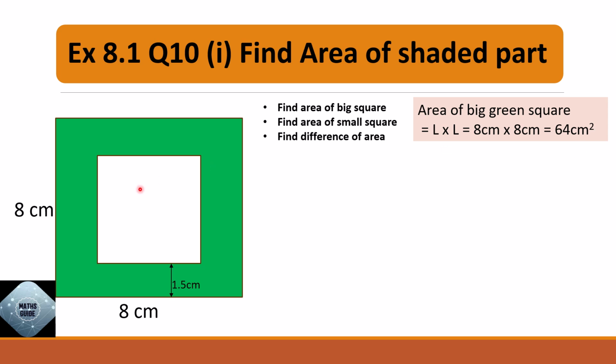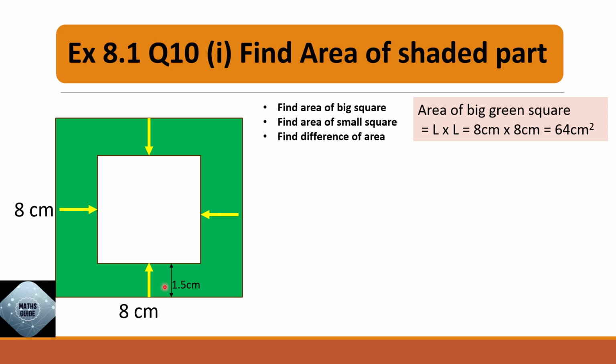Now let's find out the area of this white square. But you can notice the dimensions are not given, but there is a hint that the difference is 1.5 centimeter. If we reduce this difference, we will get the dimension or measurement of this side. So let's subtract 1.5 from each side of this square to get the correct measurement of this small white square.